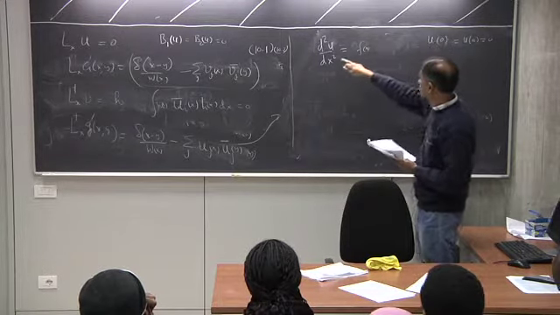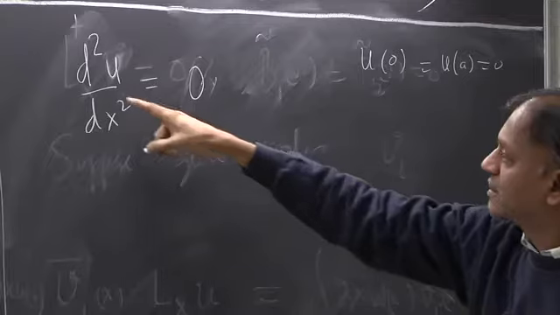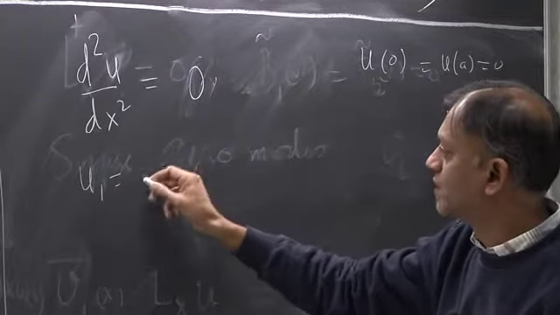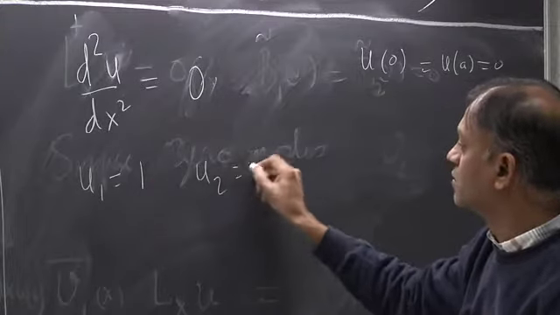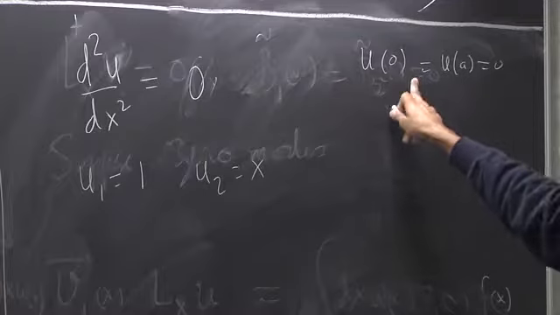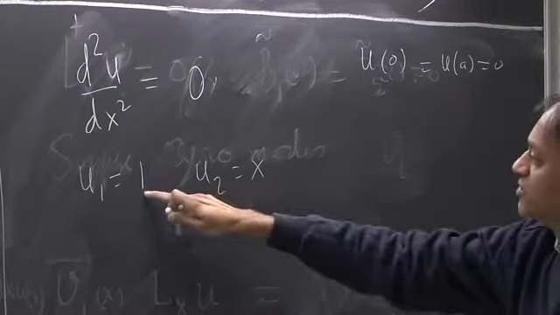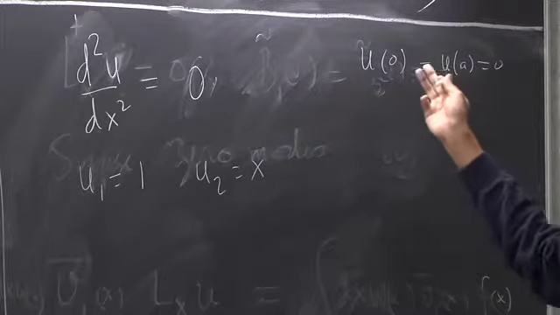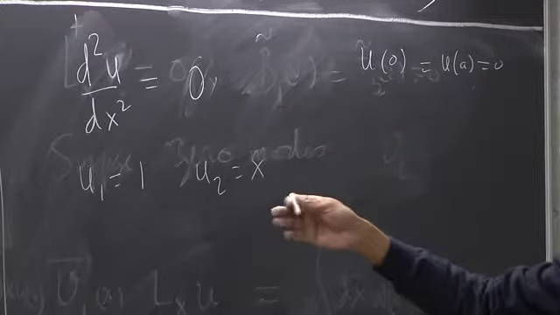And in that case there was no 0 mode to this homogeneous equation, because what are the two solutions of this? One fundamental solution is u1 equal to 1 and the other is u2 equal to x, right? And no combination of these can satisfy this boundary condition, and that is why there was no 0 mode and we could construct the ordinary Green's function.